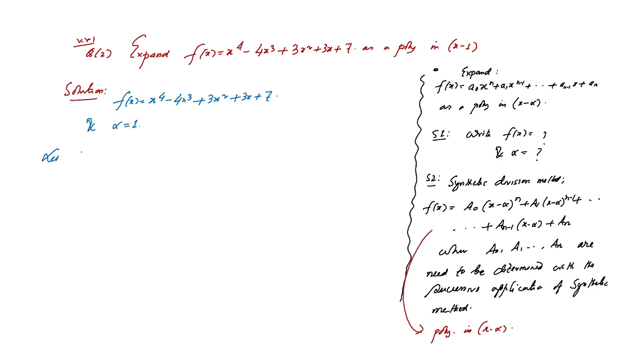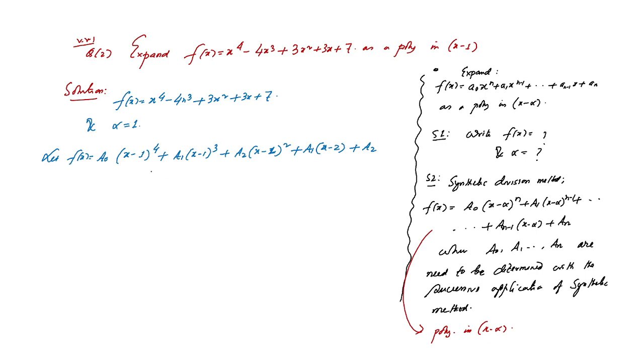So here let f(x) equal a0, as degree is 4, so (x minus 1) whole to the power 4, plus a1 (x minus 1) whole cube, plus a2 (x minus 1) whole square, plus a3 (x minus 1) plus a4. So a0, a1, a2, a3, a4 can be calculated by successive application of the synthetic method.